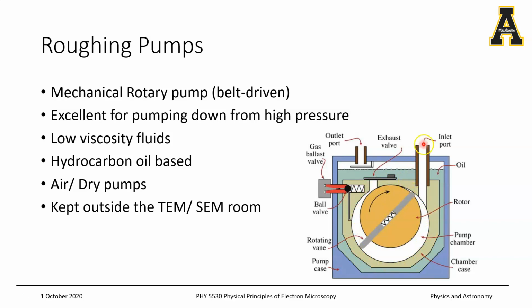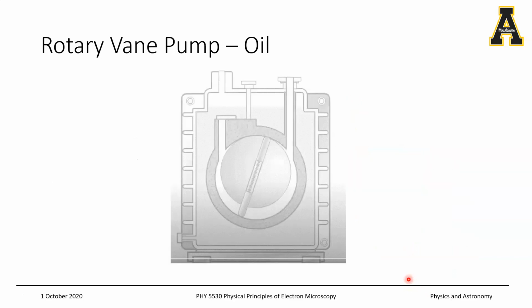So what happens is, as it rotates, it collects the air from the inlet port, and because it is off-center, the amount of air that it collects in one revolution gets compressed further into a smaller volume, thereby increasing the pressure, and then it goes out the exhaust port. Okay, so this will become a bit clearer if we look at this video.